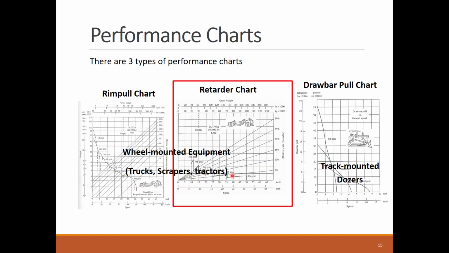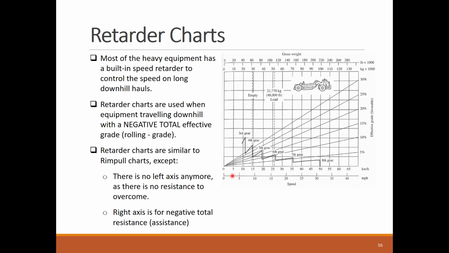Now let's check the retarder charts. For safety reasons, heavy equipment is usually equipped with a device called a retarder to automatically control the speed of the equipment when it starts gaining speed without a rimpull force from the engine.